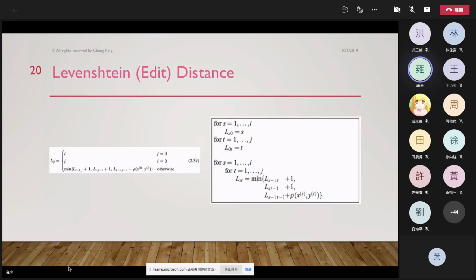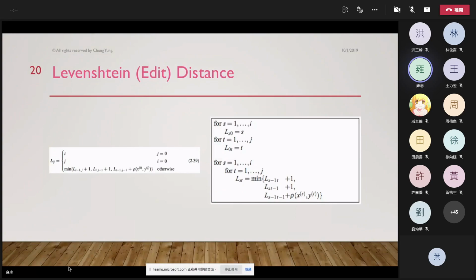Okay, edit distance. Sometimes it is called Levenshtein distance. Usually you just call it edit distance. The edit distance from i to j is i if j equals 0, or it is j if i equals 0.